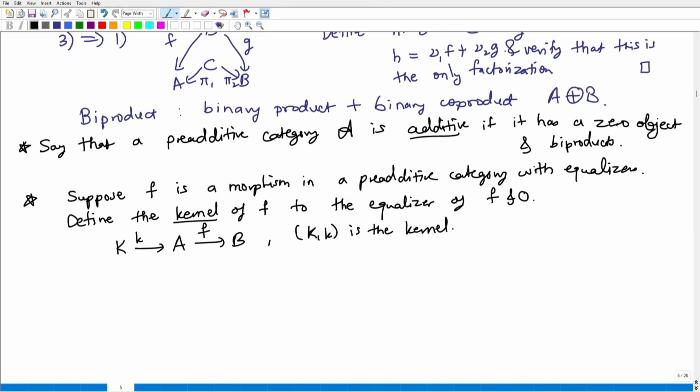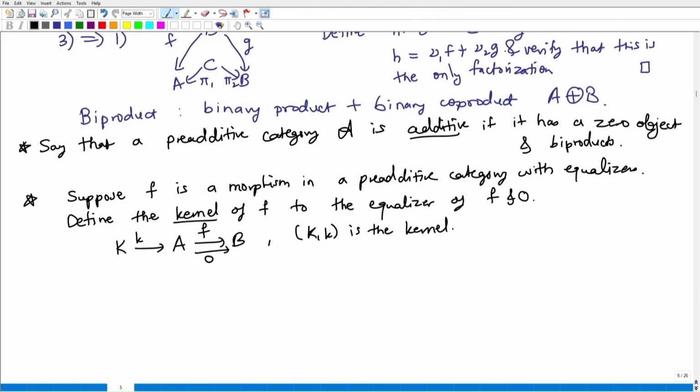Here it is important to consider the morphism as well. We will usually refer to the kernel as the inclusion of that K into A. Kernels are regular, since we are simply saying it is the equalizer of f and 0, and 0 is a possible morphism here. Therefore, kernels are regular monomorphisms. But in the additive world, we usually call them normal instead of regular.